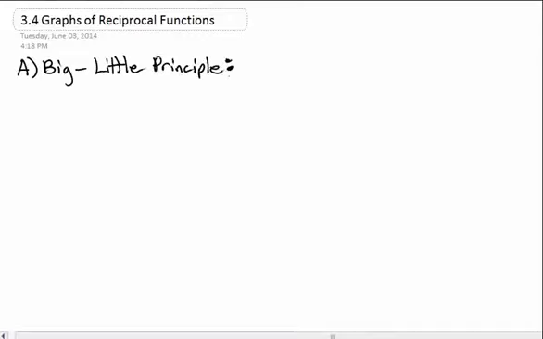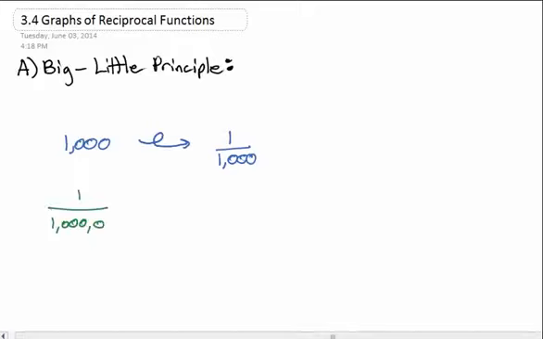The idea behind the big-little principle is if I take a big number like 1,000, and I flip it over and look at its reciprocal, 1 over 1,000, the reciprocal of the big number has become a little number. Similarly, if I took 1 over 1,000,000, a really little number, and flip it over, I get 1,000,000.